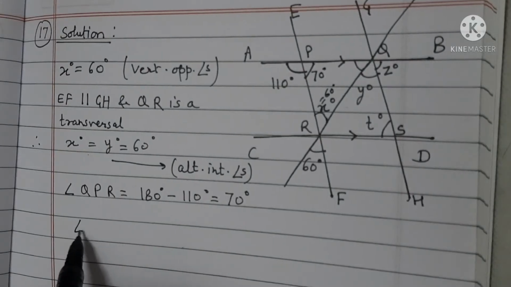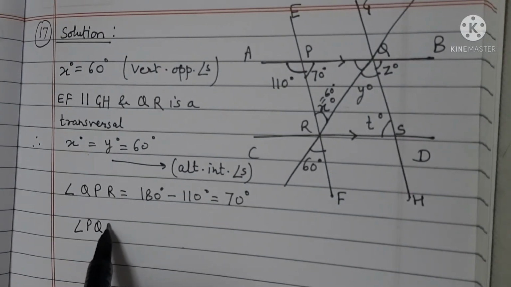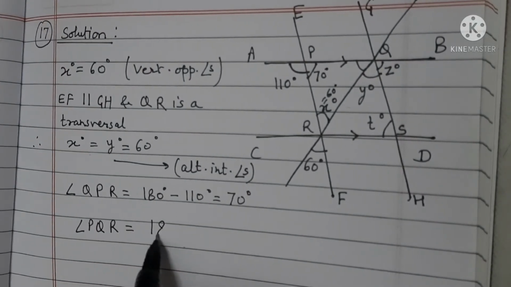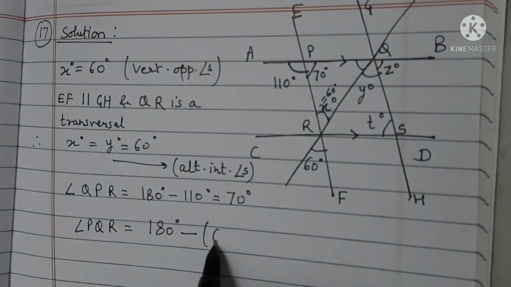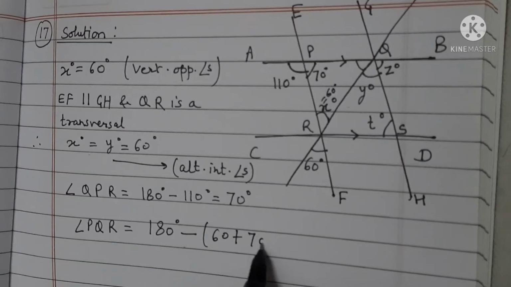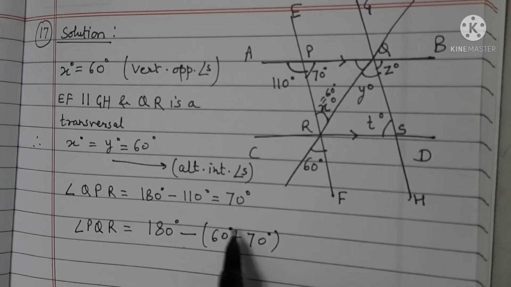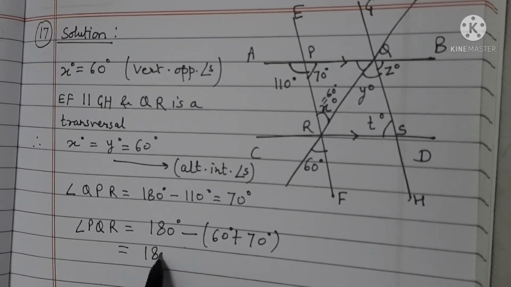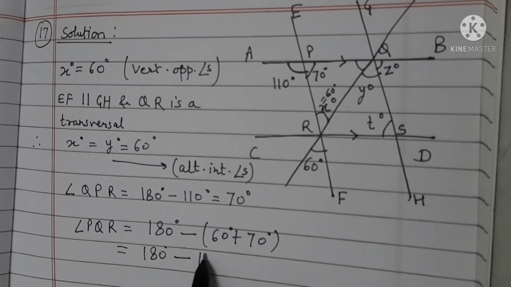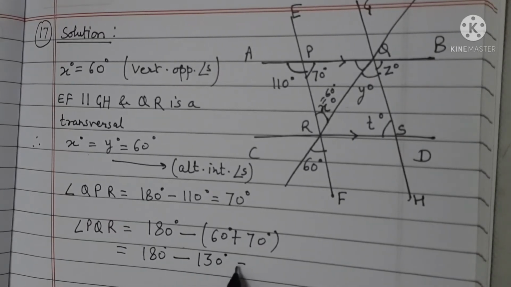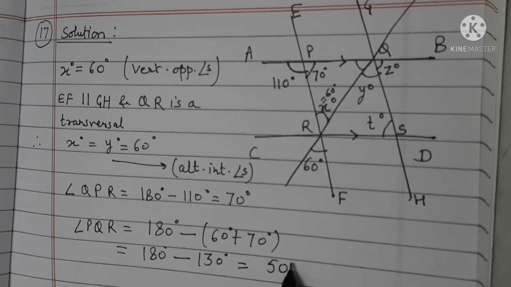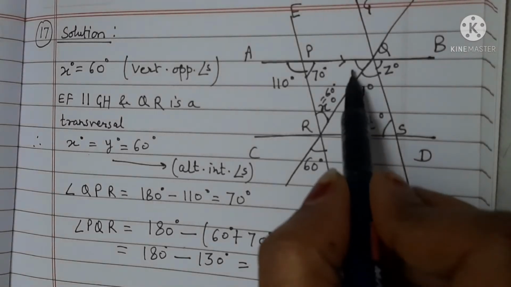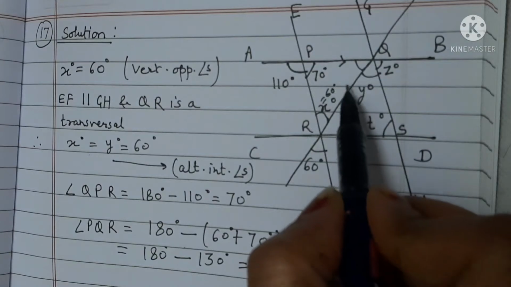So right here angle PQR is equal to 180 degrees minus 60 plus 70 degrees. So subtract from 180 minus 130, you will get 50 degrees. This part will be 50 degrees.